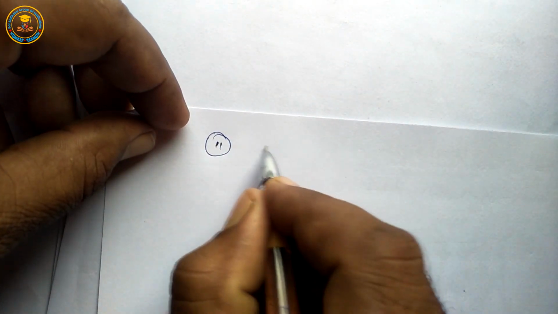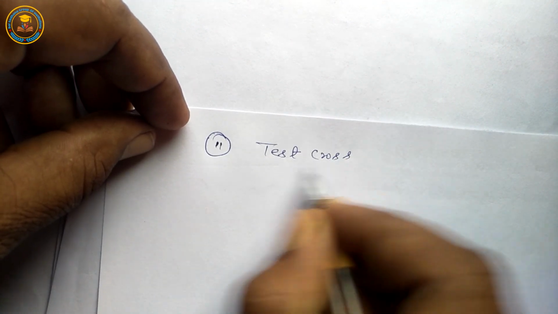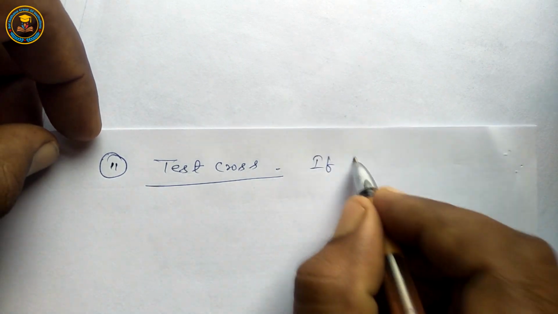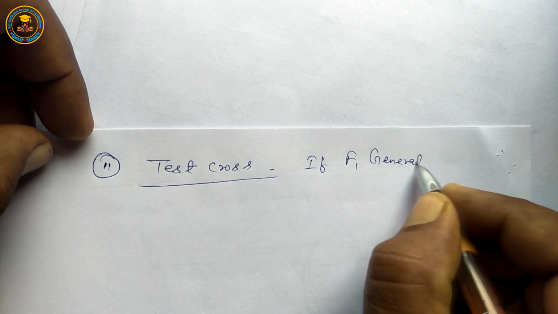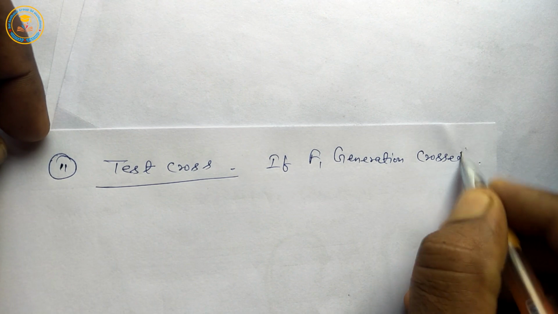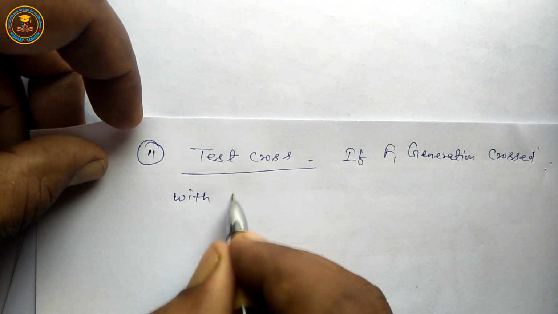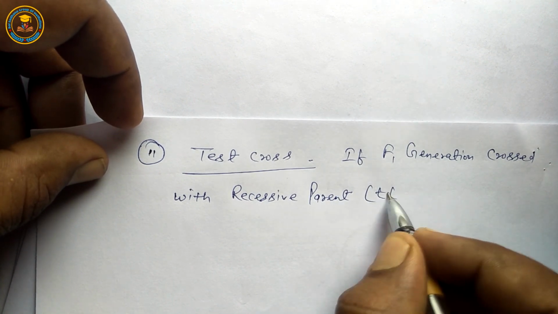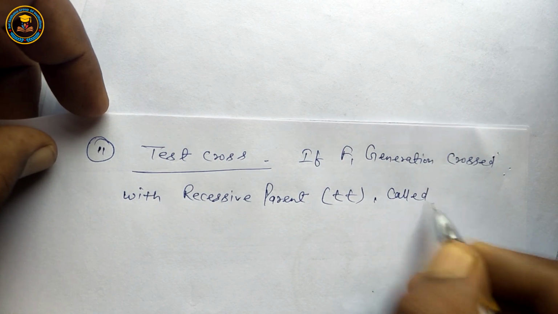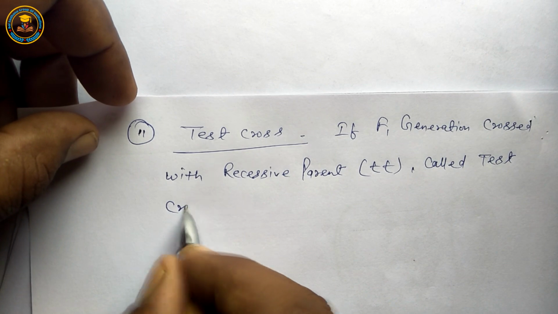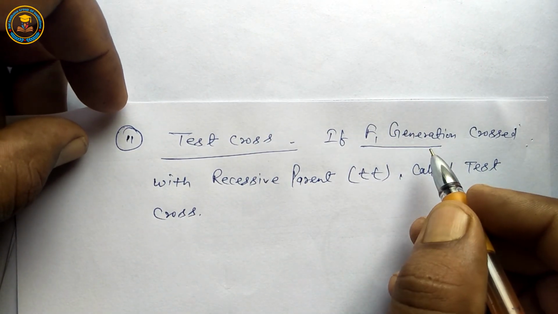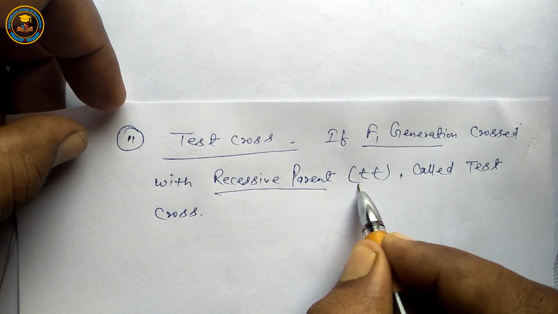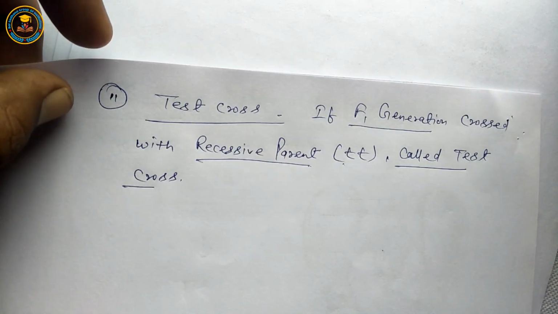Next is test cross. If F1 generation crossed with recessive parent, it means small t, it is called test cross.